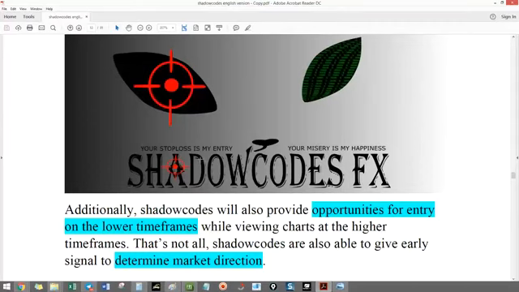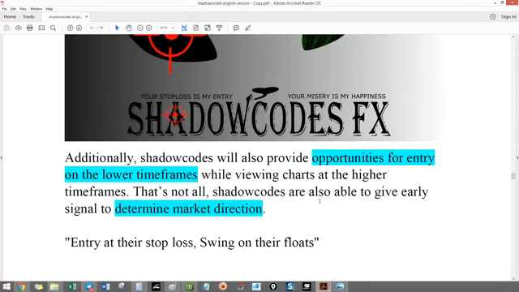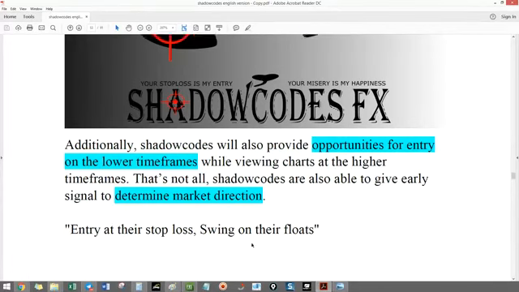Additionally, shadow codes will also provide opportunity for entry on lower time frame while viewing charts at a higher time frame. That's not all. Shadow codes also able to give early signal to determine market direction. Okay. So we enter at their stop loss and swing on their floats.